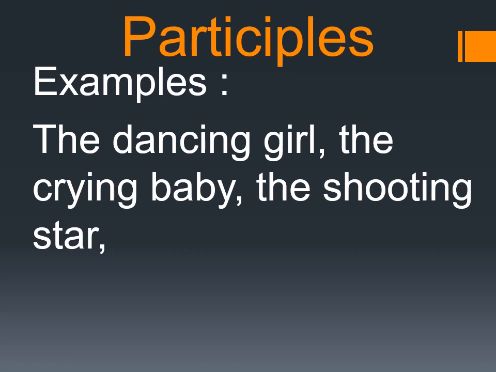Dancing is our adjective, and on the other hand this is the ing form of the verb as well. So the ing form of the verb which is used as an adjective is known as participle. The crying baby, the shooting star.